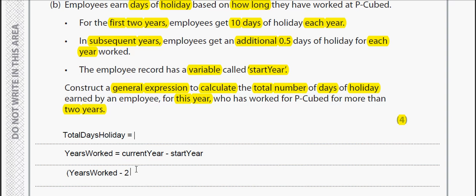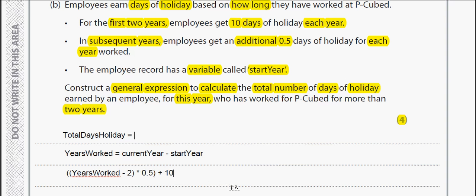That's because we are only getting our additional half a day, our additional half a day, minus 2, multiply, we're only getting our additional half a day for the years subsequent, the following years following the first 2 years.